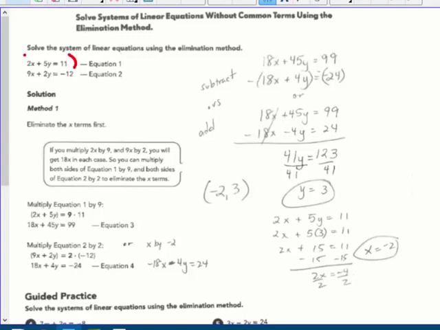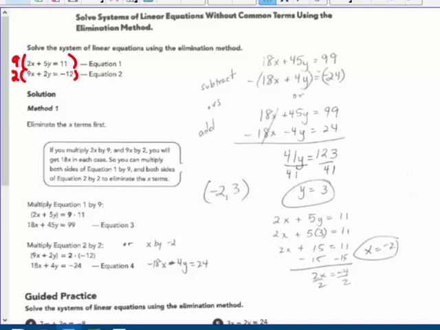And yes, sometimes you have to do this. You have to find a common factor for them. And equation 2, multiplying everything by 2. I would go ahead and multiply everything in equation 2 by negative 2, probably. And you can see subtracting versus adding here, this handwriting over to the side.